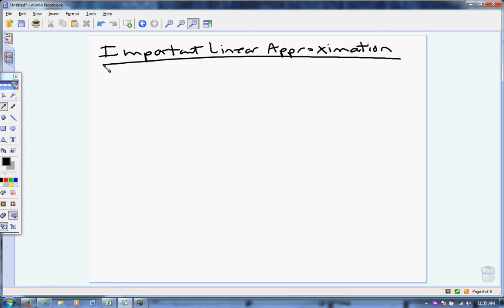If I have 1 plus x to the k power, a good linear approximation of that is 1 plus kx.